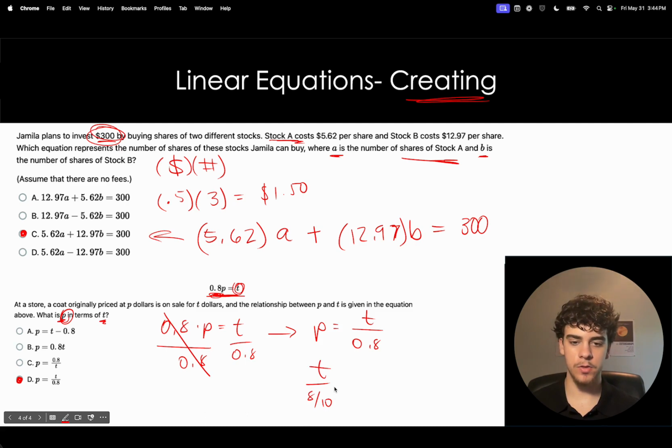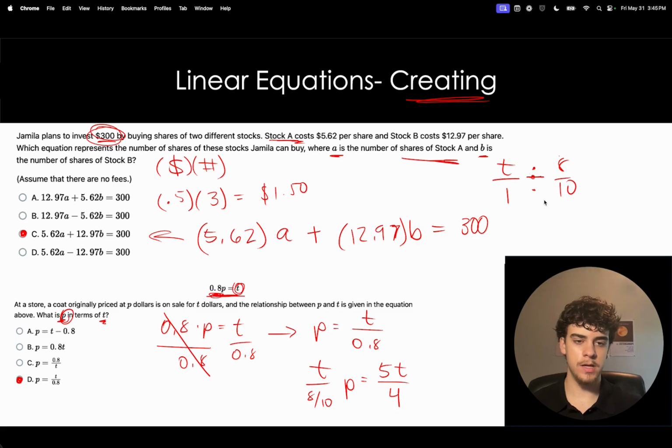And so what they could do is give you an answer such as 5t over 4, and this would actually be the same, because when you have t over 8 over 10, what you can do is rewrite it as t over 1 divided by 8 over 10, and then we just use keep change flip to say that that equals t over 1 times 10 over 8, which equals 10t over 8, which when simplified equals 5t over 4.